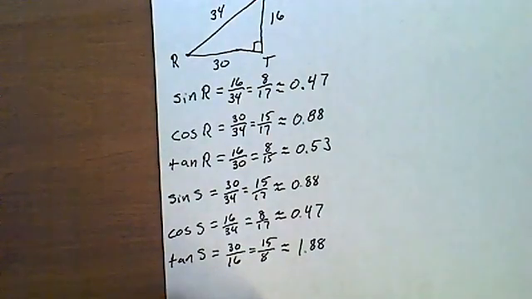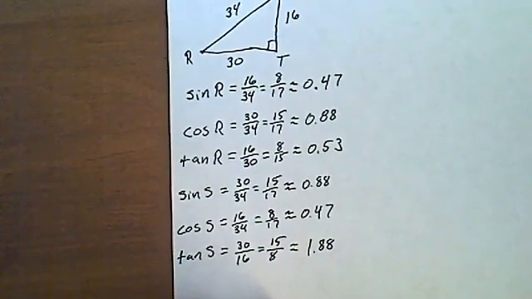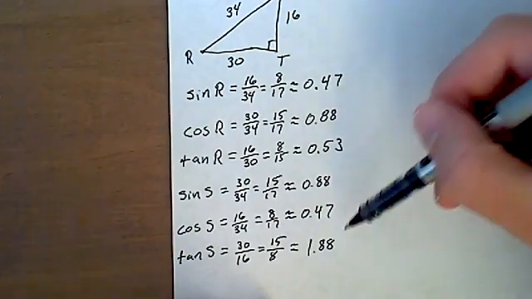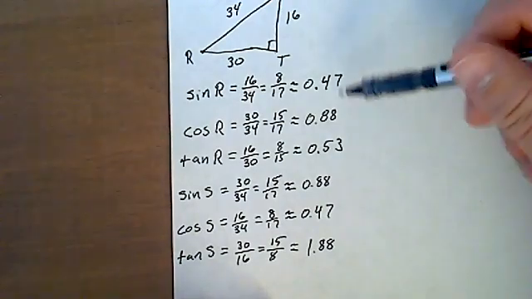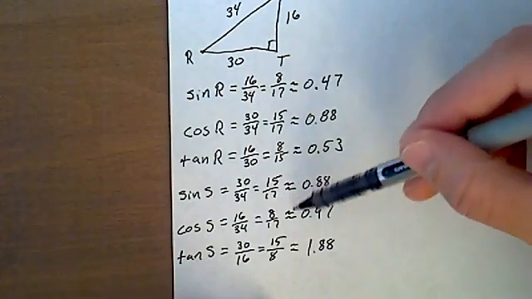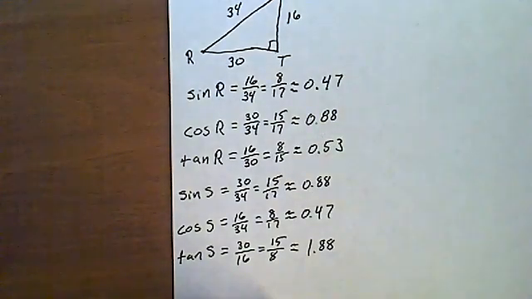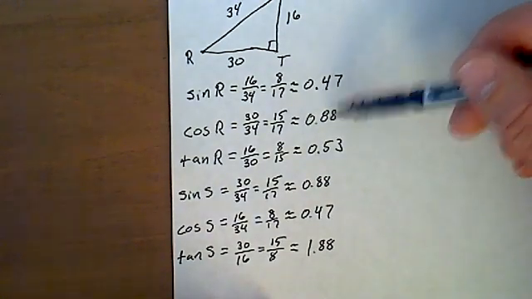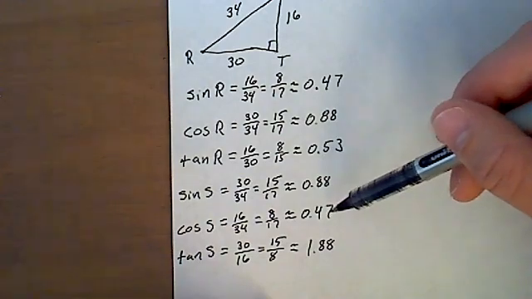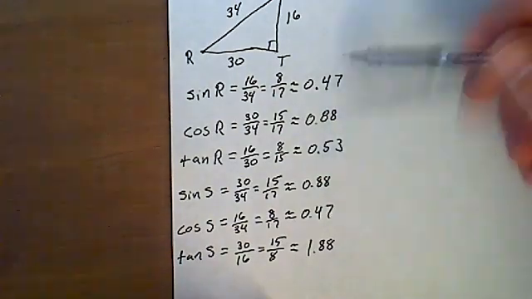A few things that you should notice here. The sine and the cosine for what we're working with are always going to be less than 1, right? 0.88, 0.47, 0.88, 0.47. Those are always less than 1.